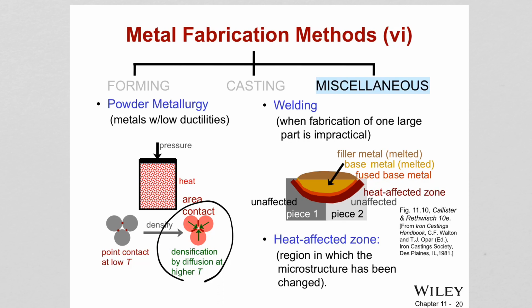So as you can see, a certain region of the weld will be affected because you are going to high temperatures to be able to weld two pieces together. And the thing about welding is there is this heat affected zone where the microstructure of the material has actually been changed.